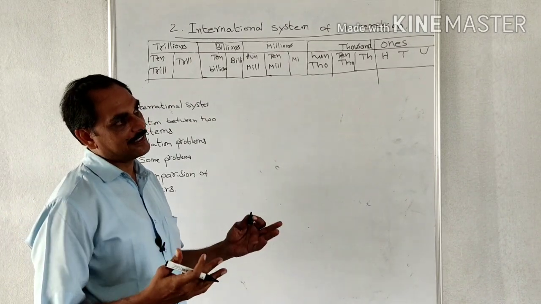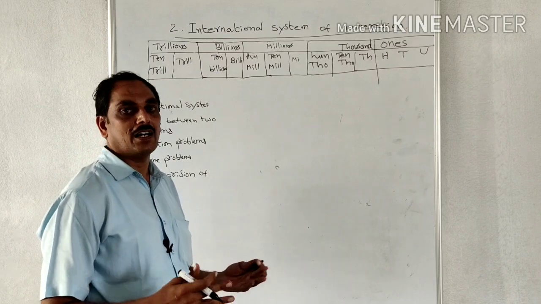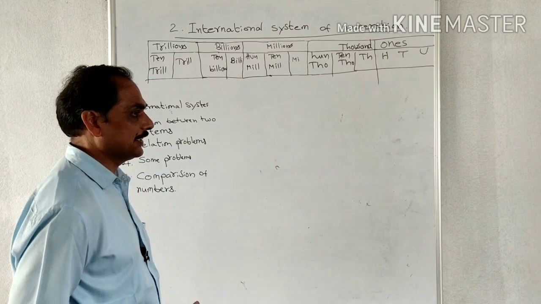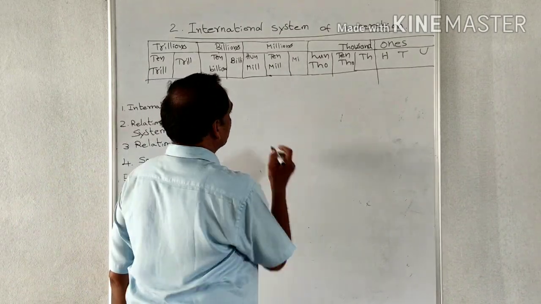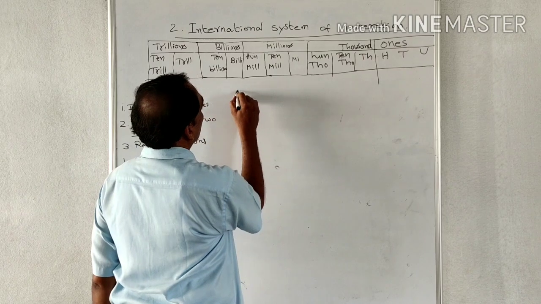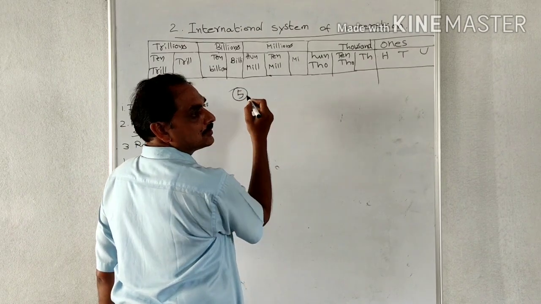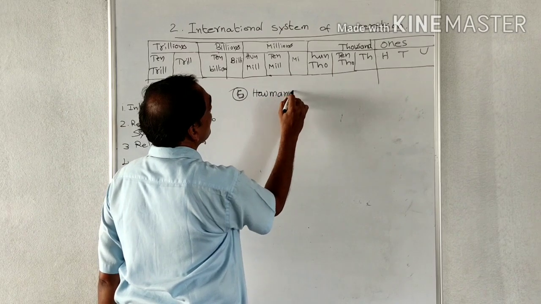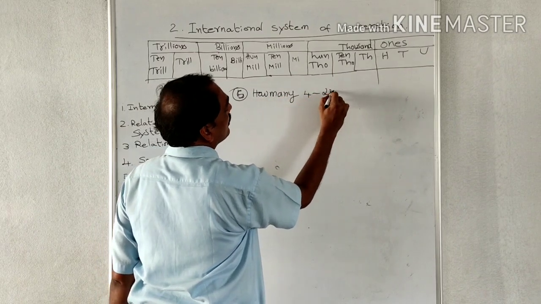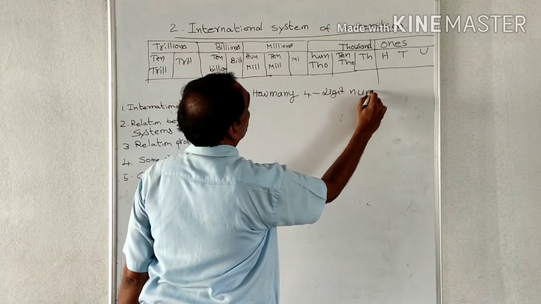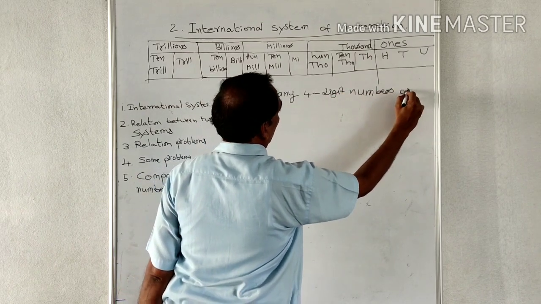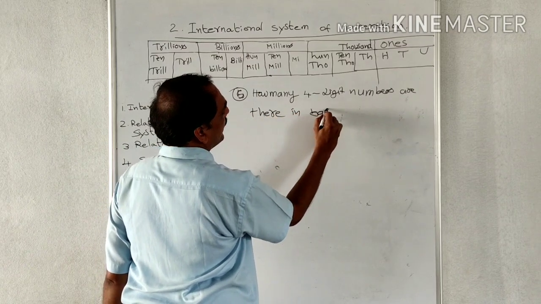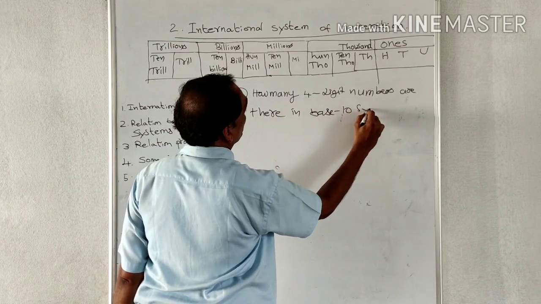So here, how many 4 digit numbers? Sixth problem: how many 4 digit numbers are there in base 10 system?